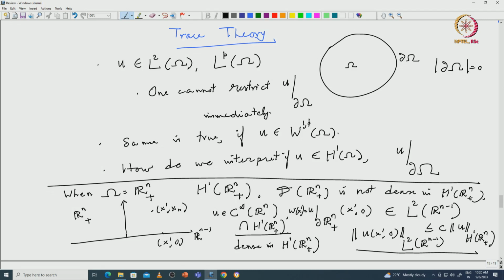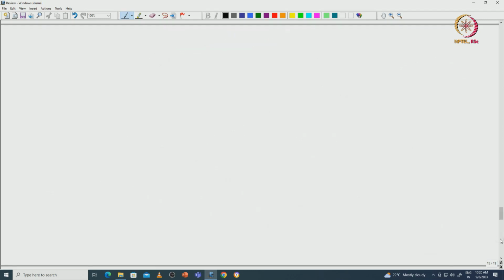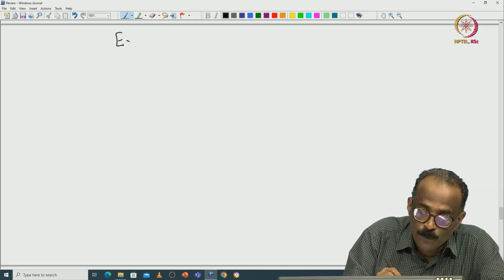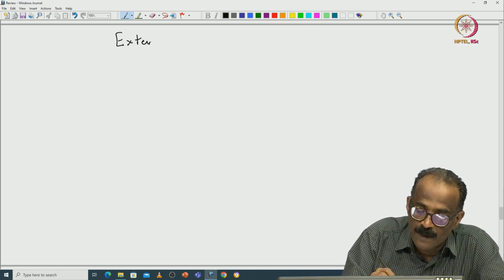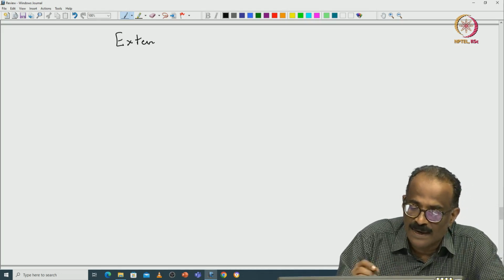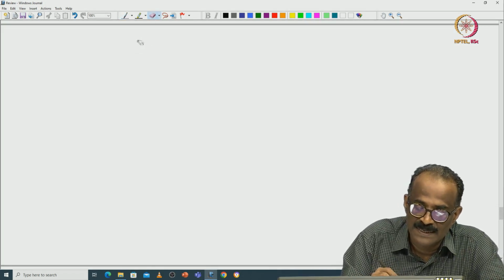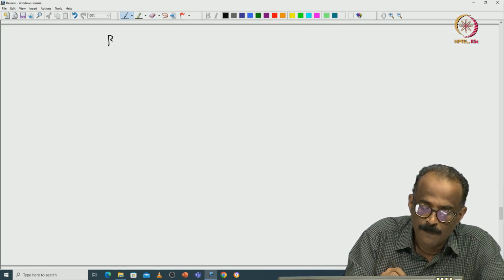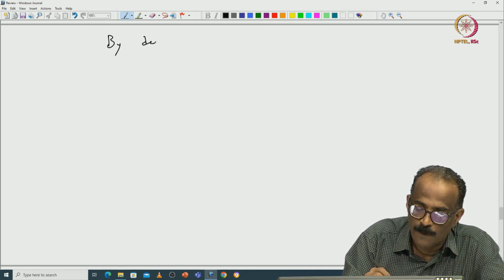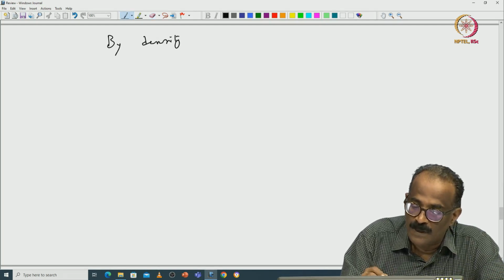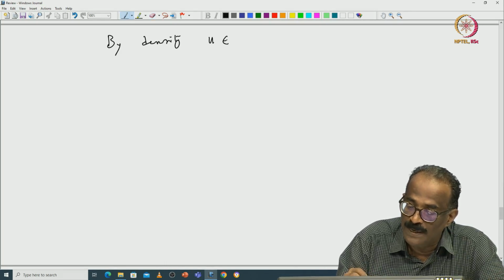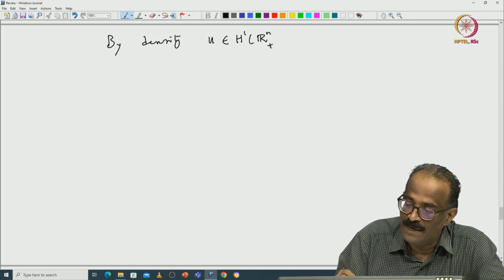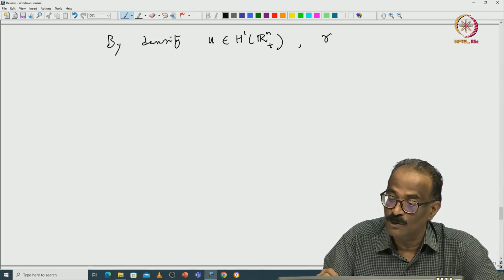So, on a dense set you have a function and you have a continuity estimate, so you can extend u. By density, now you can define, for u in H1 of R n plus, an operator; it is not pointwise.